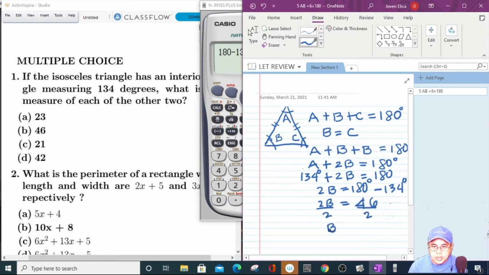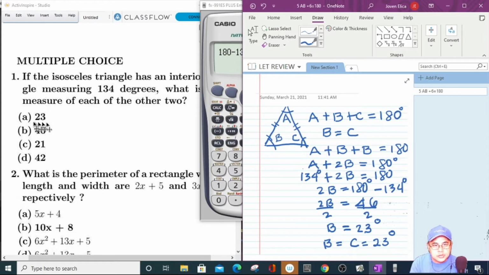The value of angle B, which is also equal to angle C, is equal to 23 degrees. Okay, so the value of angle B, which is also equal to the value of angle C, because this is an isosceles triangle, the answer is 23 degrees.